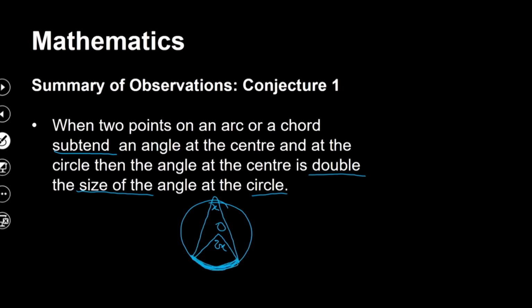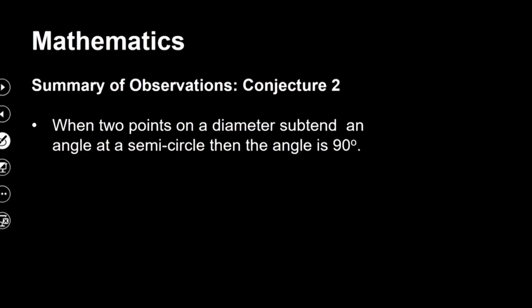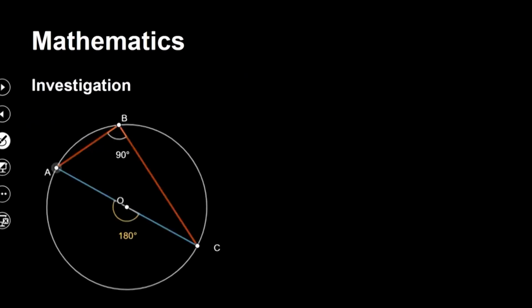Now, when 2 points on a diameter subtend an angle at a semicircle, then the angle is 90 degrees. So what does this mean? It means that, remember we said twice the angle at the circumference.